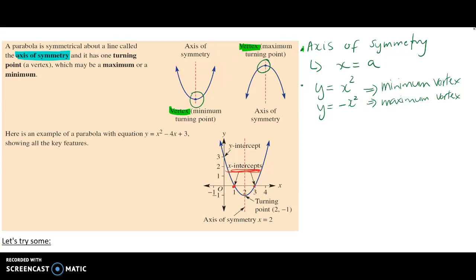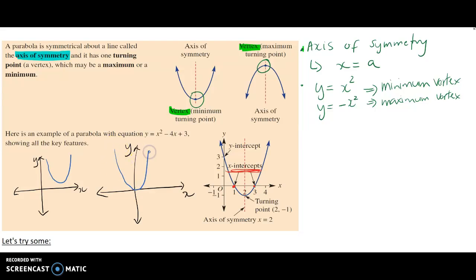Now another one, and I'm just going to draw them. That's x and that's y. Sometimes you have graphs like that, hanging above the x-axis, no intercepts. Okay? And then sometimes you have just one x-intercept, so just 1 point.